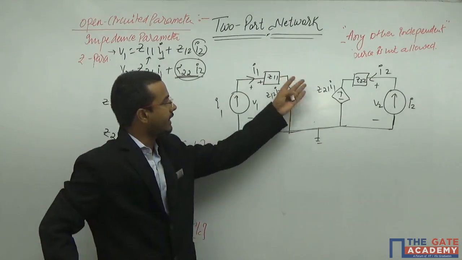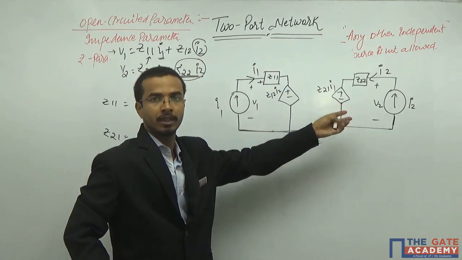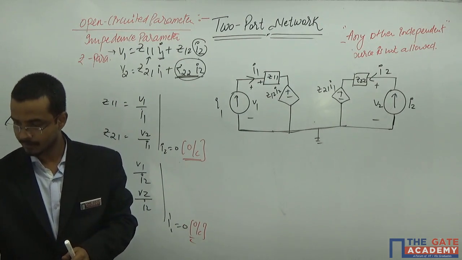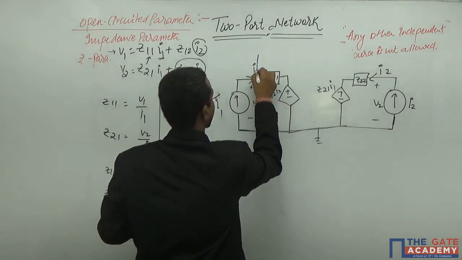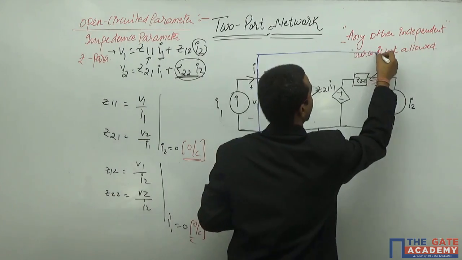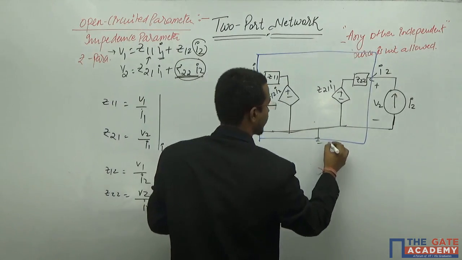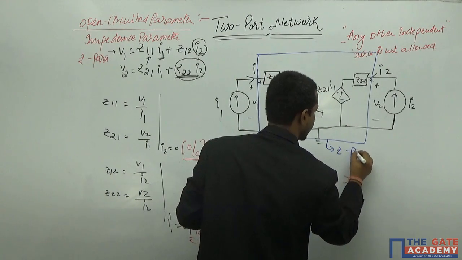That means this is the internal equivalent of the Z parameter network. This inside part is basically the Z parameter equivalent network.